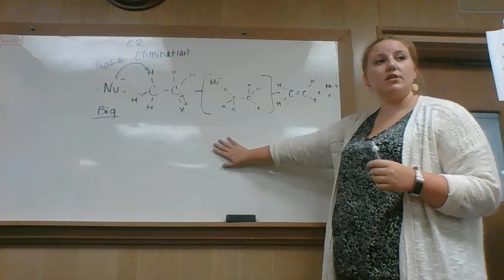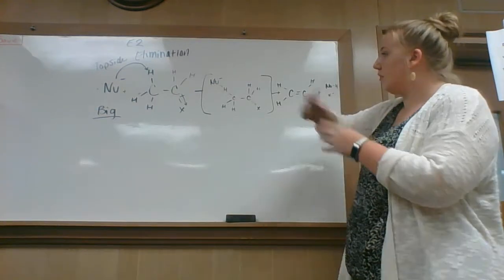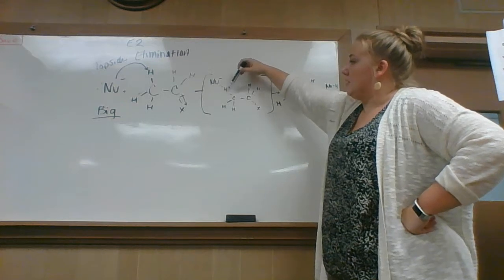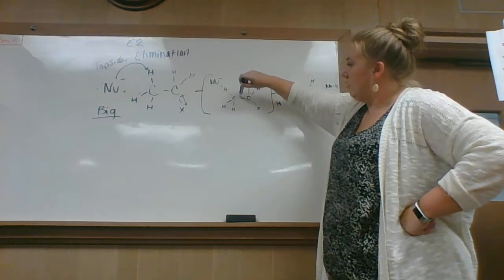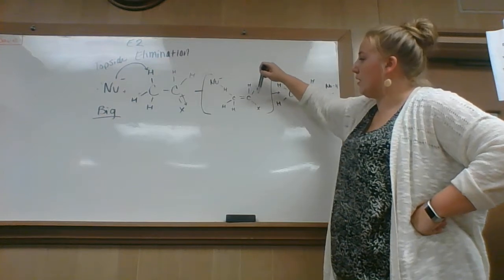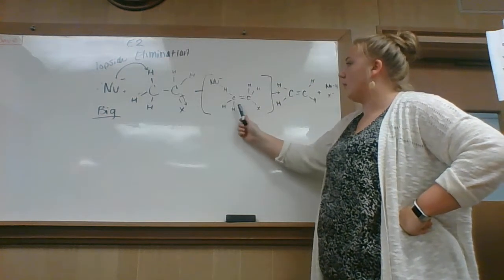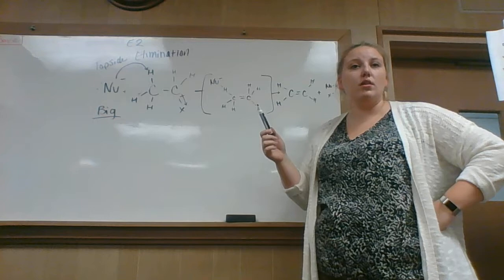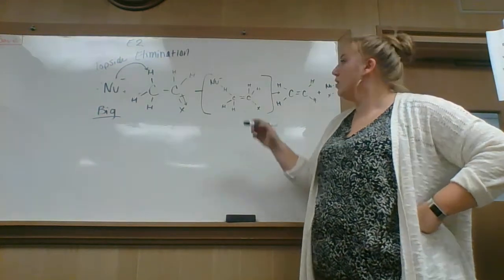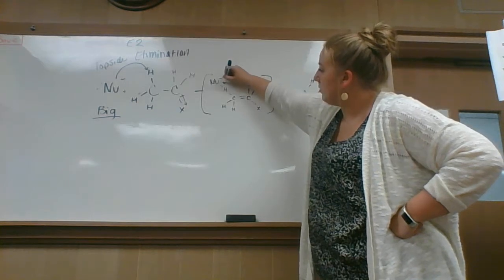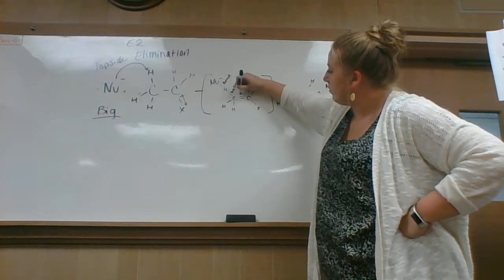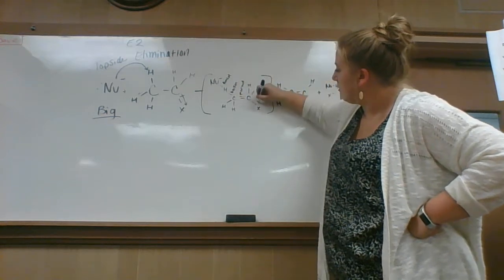In the concerted transition state, we've got the nucleophile bonding to this hydrogen. As this bond is being broken, the halogen bond is also being broken. That leaves these carbons with only 3 bonds, so that's going to drive a carbon-carbon double bond. So we've got formed, broken, formed, broken.